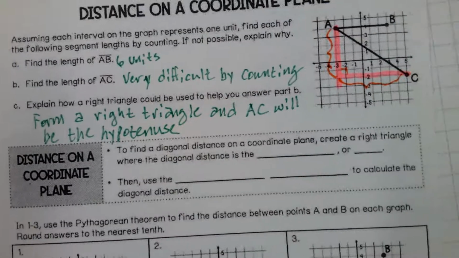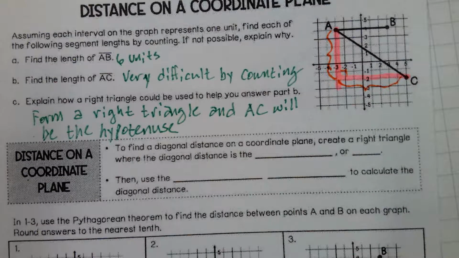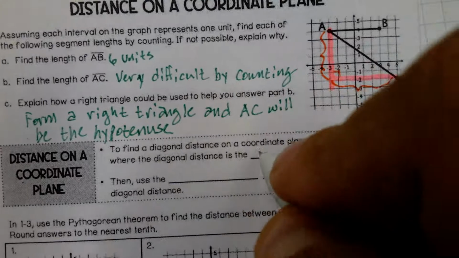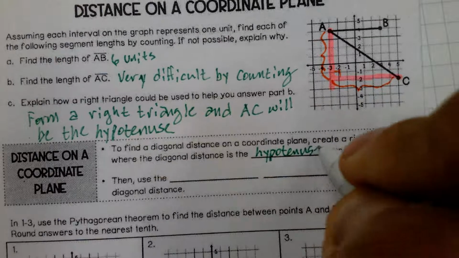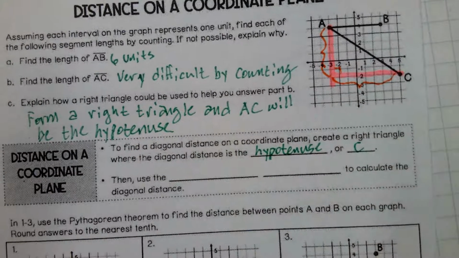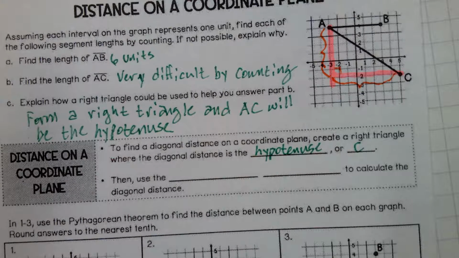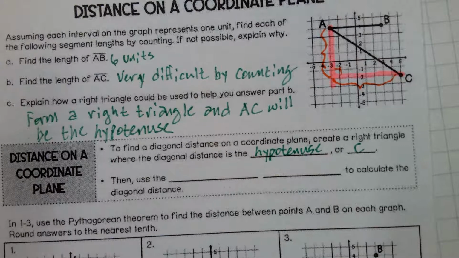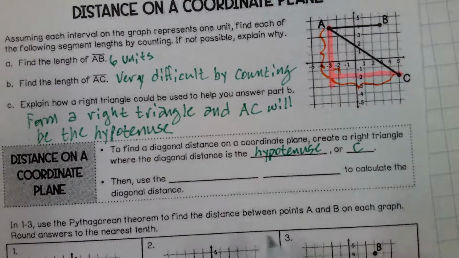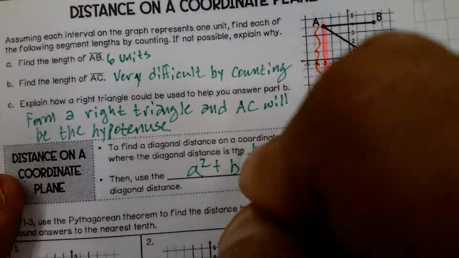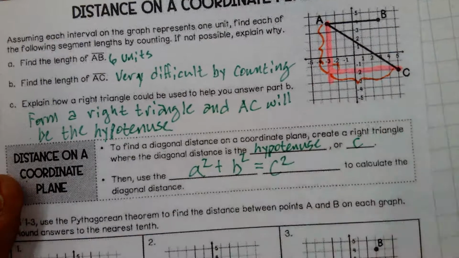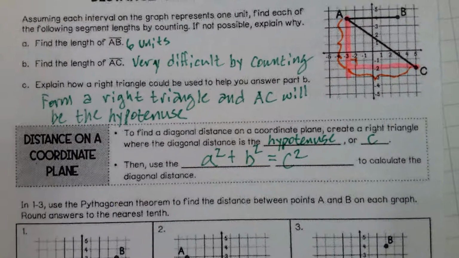Let's just talk about it. To find the diagonal distance on a coordinate plane, create a right triangle where the diagonal is the hypotenuse, or as we all call it, C. Then use the Pythagorean theorem, but let's just write down a squared plus b squared equals c squared to calculate the distance.